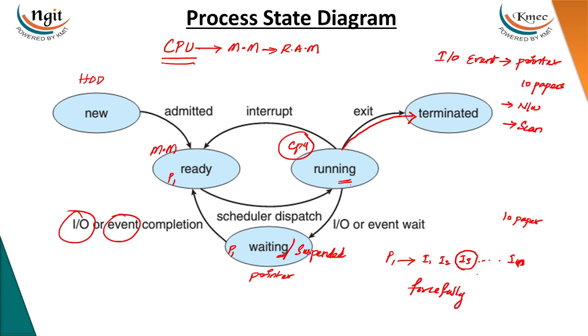The execution is aborted in between, and we cancel that particular execution. So when a process is moved from running state to terminated state, either all the instructions have been executed, or we forcefully terminated the process, and the state changes from running to terminated.